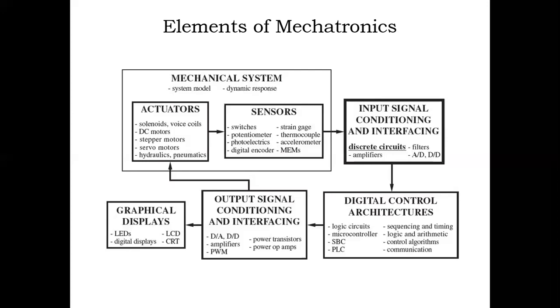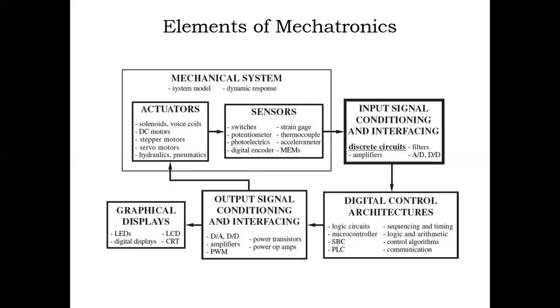Next is output signal conditioning and interfacing. As I already said, the processor only processes digital signals, but the mechanical system does not accept digital signals, so we need to convert digital signals into analog. For that we use a digital to analog converter. Similarly, actuators do not work with 0 to 5 volts, so we need to give more voltage.